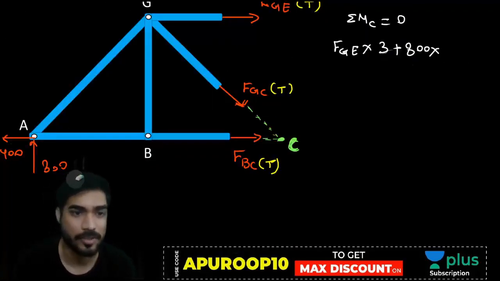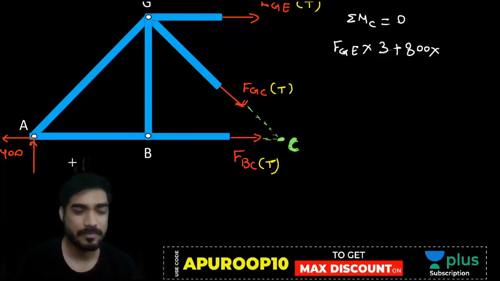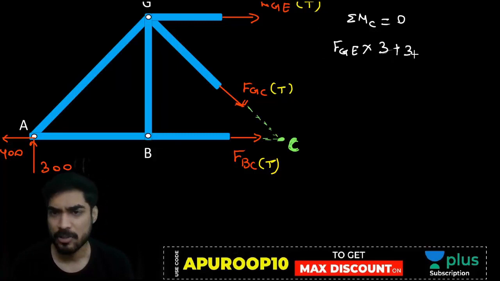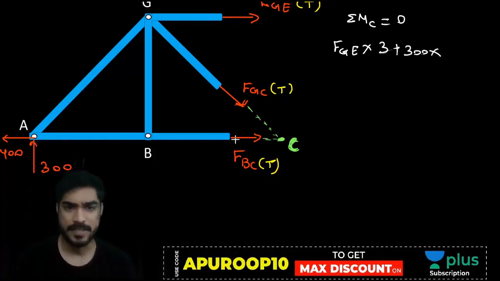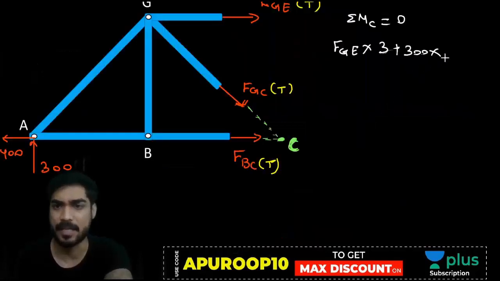Sorry beta, my poor handwriting. So 300 multiplied by the distance from A to C, which is 8 meters, equal to 0.